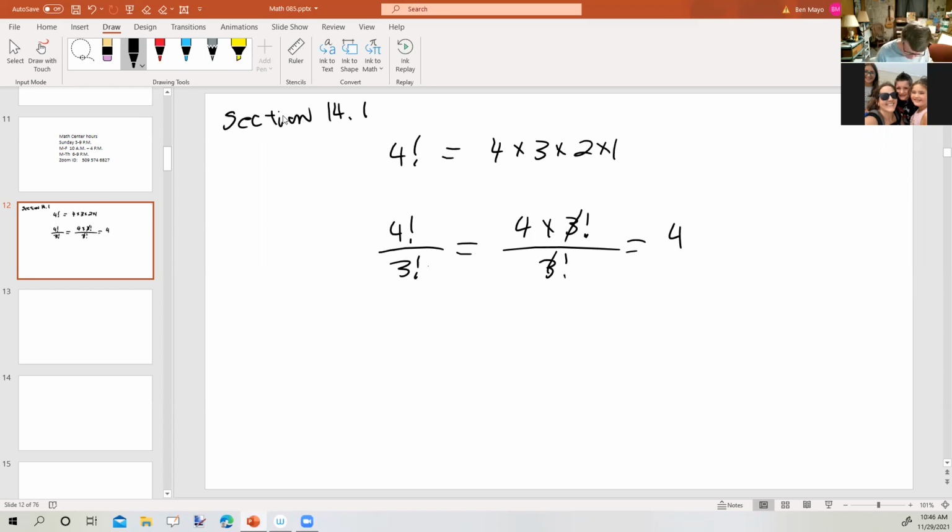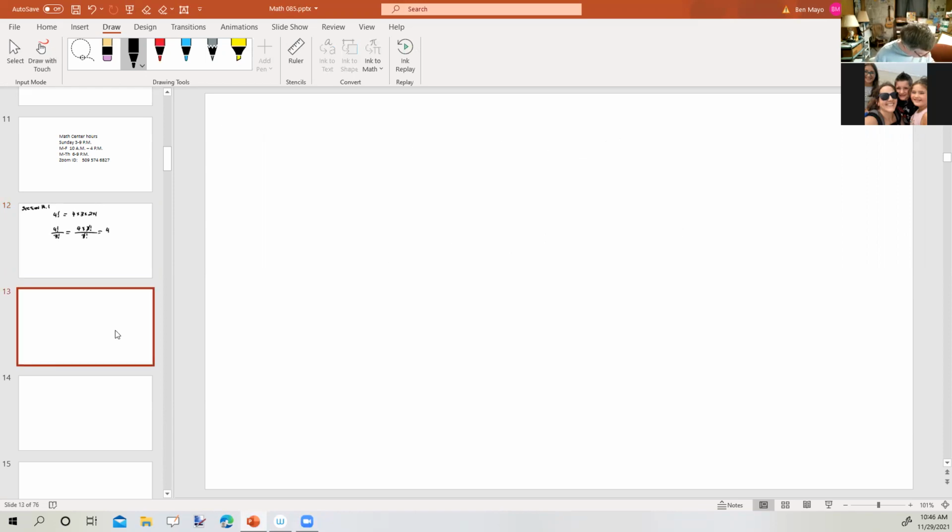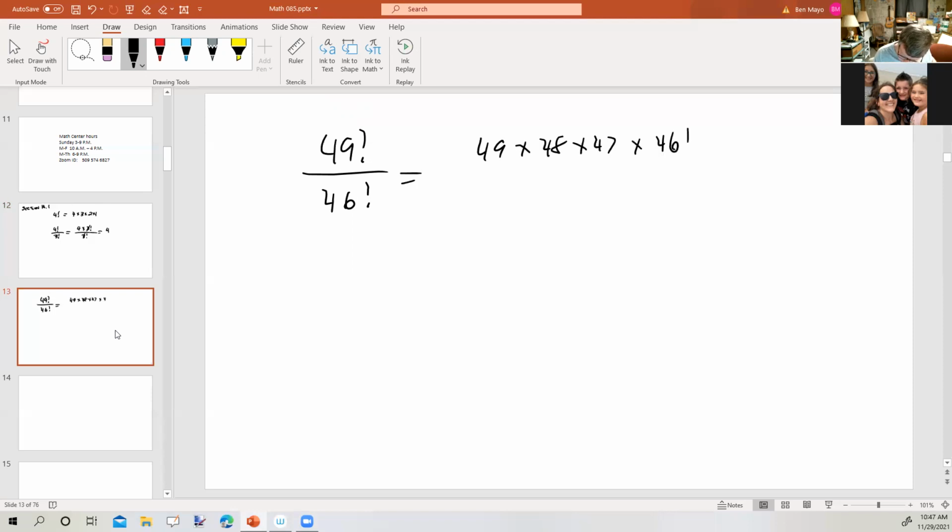So let's take a look here at a couple more examples. Let's say I've got 49 factorial over 46 factorial. Well, that's 49 times 48 times 47 times 46 factorial over 46 factorial. I could now reduce out the 46 factorials.